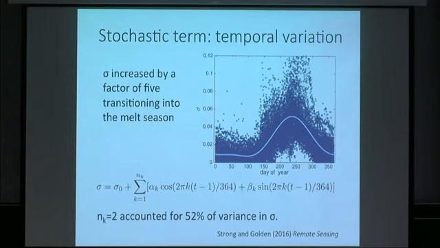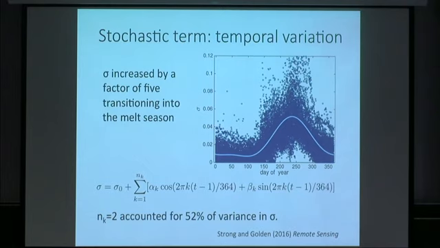So when concentrations are high early in the calendar year, this parameter sigma, diagnosed spatially inside each of these regions, had a value around 0.01 and then increased to 0.05 moving into the melt season. So it's important to capture that temporal variation in the amplitude of the stochastic noise, and we did that with a Fourier expansion or Fourier series. And so using the mean and only two terms from the Fourier expansion, nk equals 2, accounted for about half the variance in sigma, and that's this blue curve here.